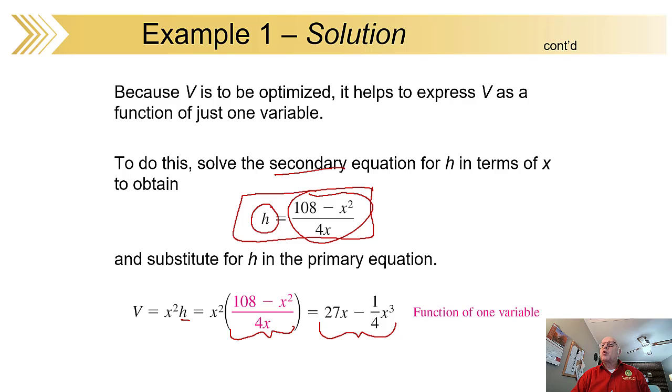Having 27x minus 1/4 x cubed is a whole lot less complicated than this, and you certainly don't want to have to use the quotient rule unless you need to. But as you can see, now we don't need to.